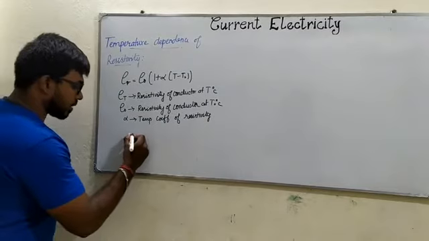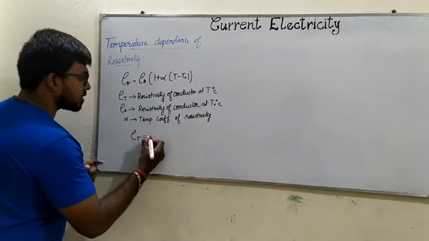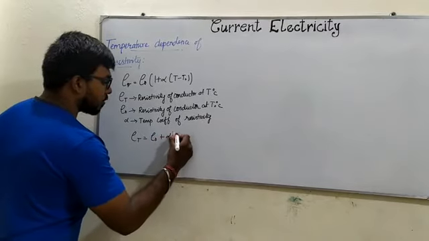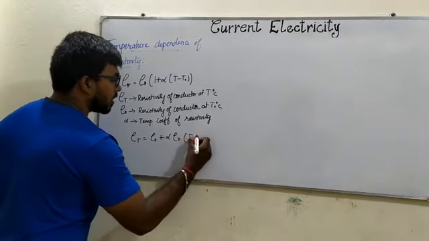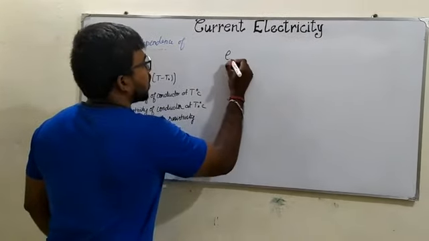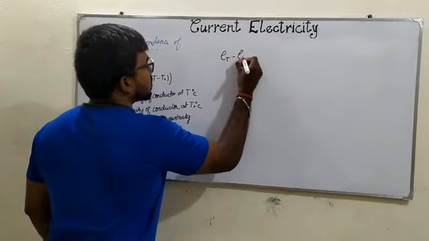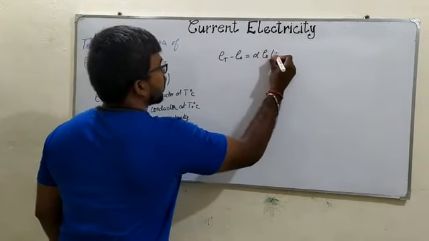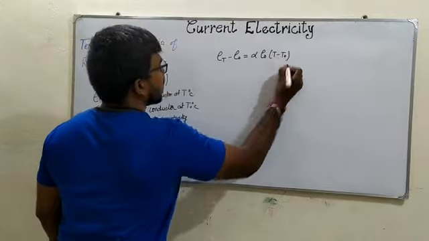So the expression can be written as rho T is equal to rho naught plus alpha into rho naught into T minus T naught. Rho T minus rho naught is equal to alpha into rho naught into T minus T naught.